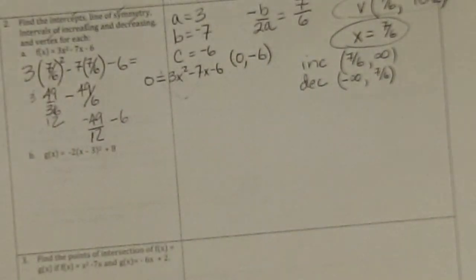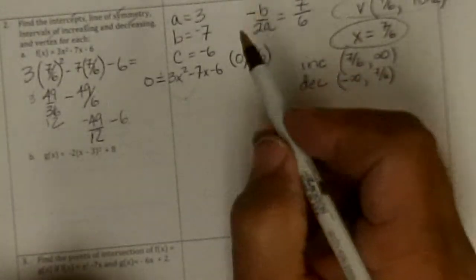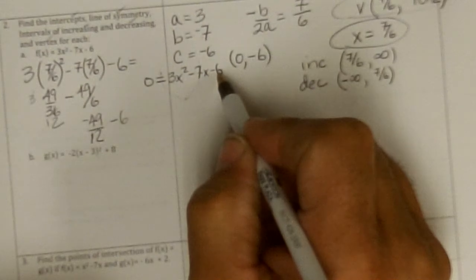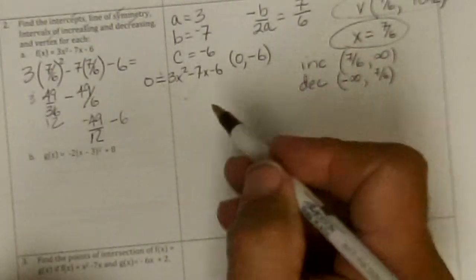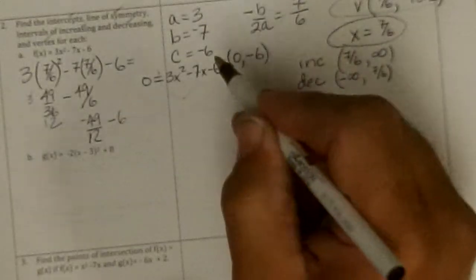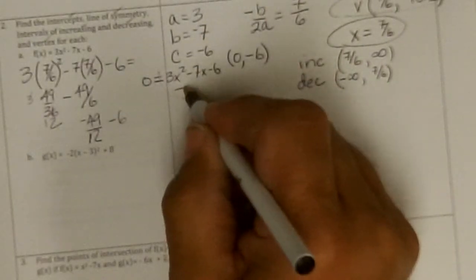It might factor, or you could just go straight to the quadratic formula. Let's see. I don't know that it factors, so I'm going to go right to the quadratic formula. I was kind of looking at it a little bit. So that's the opposite of b, so that'd be 7.